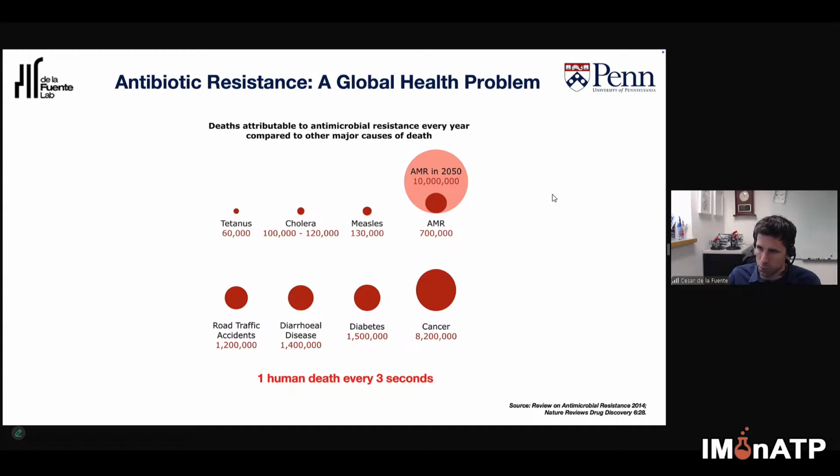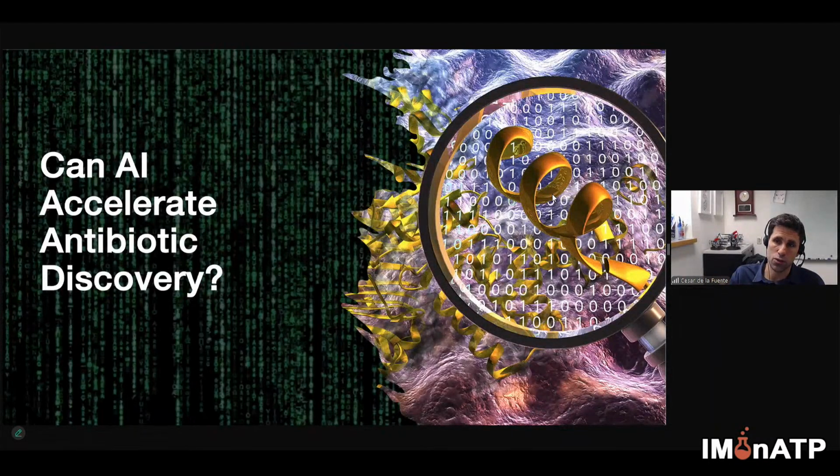Years ago, I proposed with my team a very fundamental question to try to completely change the paradigm for antibiotic discovery, and we proposed to use AI to do this. We wanted to go beyond the conventional paradigm for discovering new antibiotics, which is basically a very physical process.